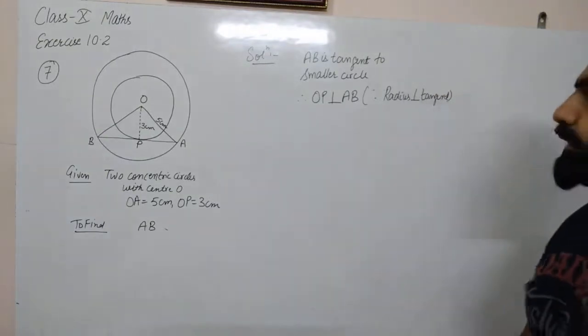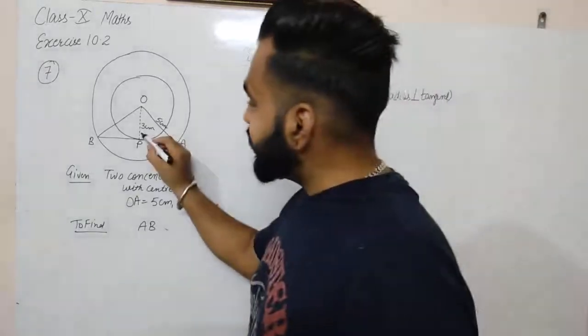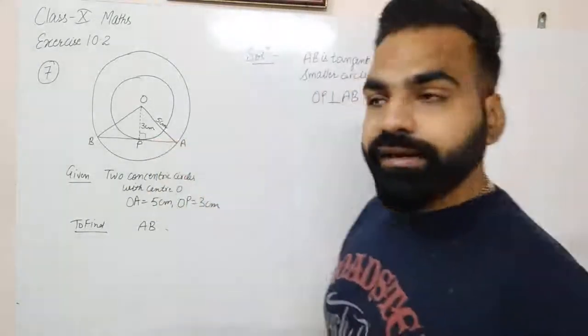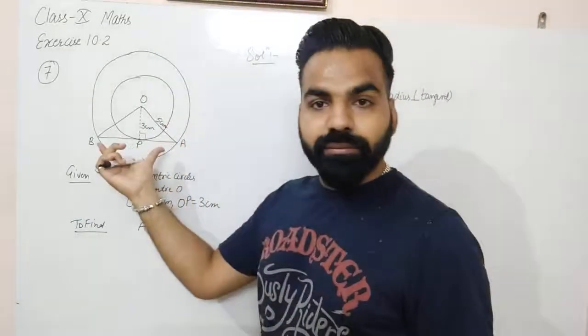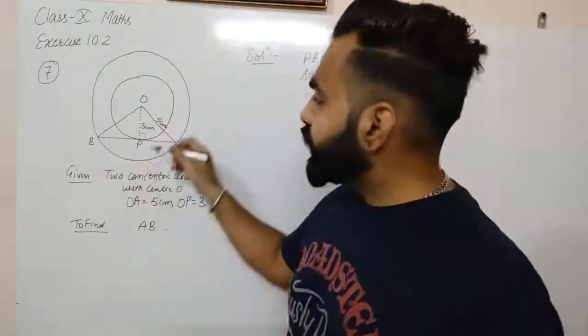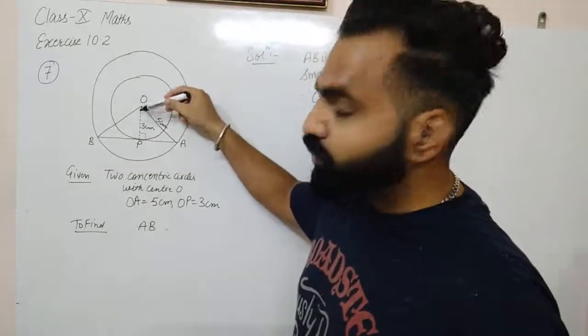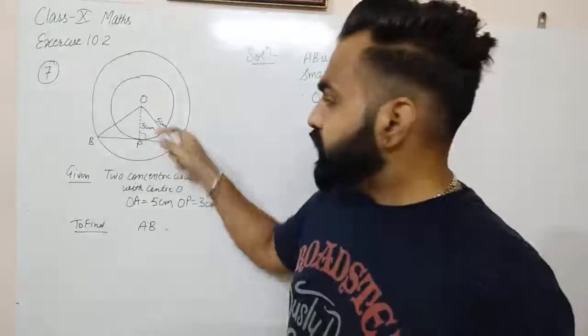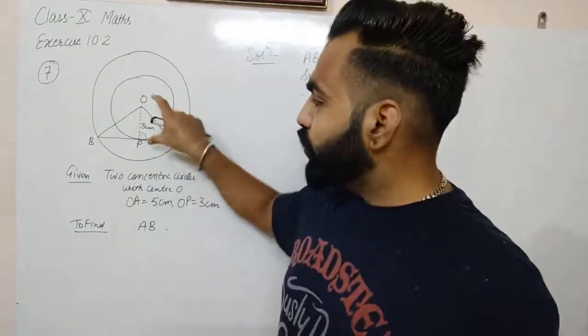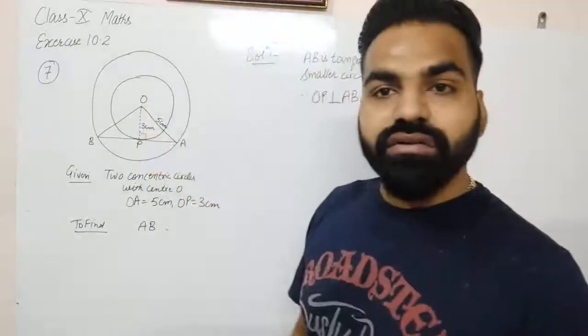We have studied that. So if this is tangent, this will form a right angle triangle and this OP will bisect this AB. We can easily prove that also if we prove triangles congruent OAP and OBP. So OA will be equal to OB, OP common, and these two angles are of 90 degree.